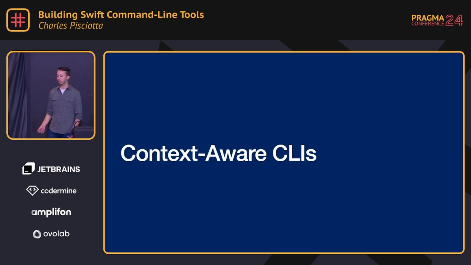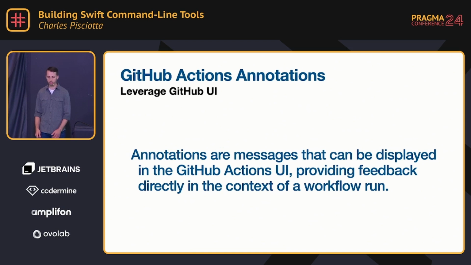So when I first got introduced to XCBeautify, I started with a feature to build GitHub Actions annotations. Just by raise of hands, does anybody use GitHub here? Yeah? Okay, great. So GitHub Actions annotations allow you to actually add inline and summary output to some of your pull request jobs.